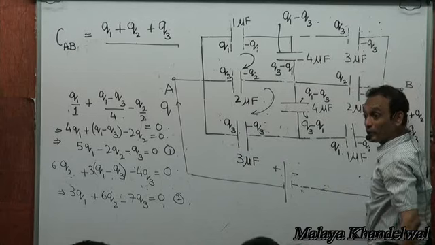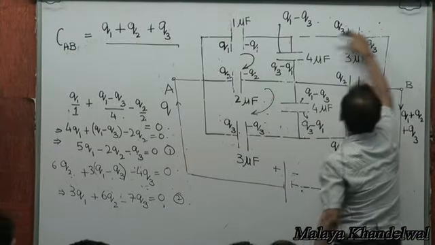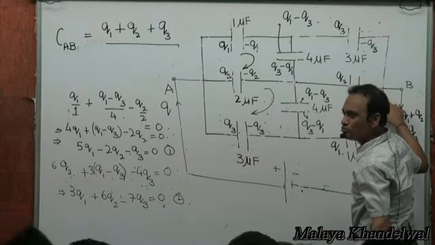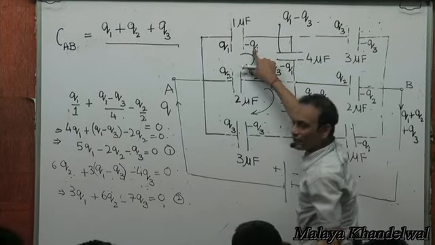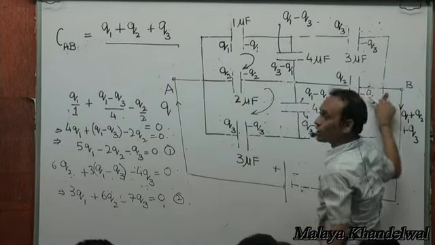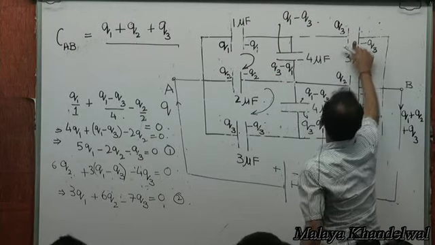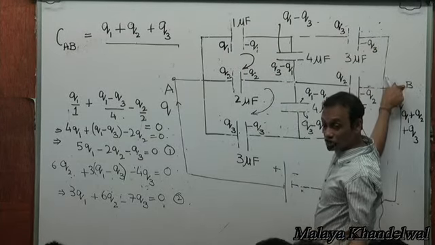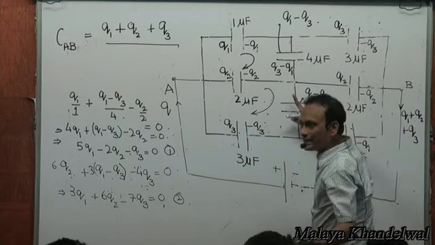For example, I can go this way. That's the best thing to do, right? So Q1 by 1, I'm going from A to B to compute the potential drop. Drop across this plus drop across this is going to be the total drop across A and B. Or if you want to make it complicated, I have no problem.